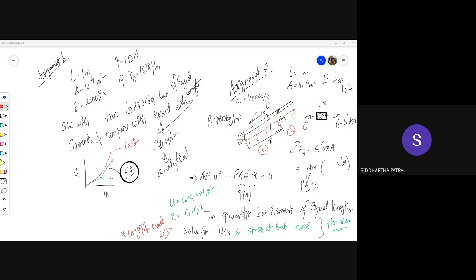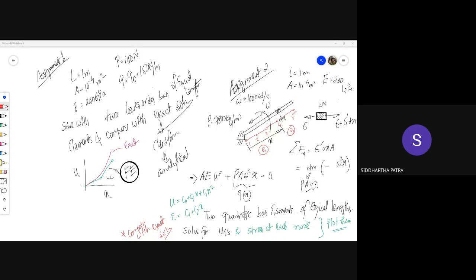One more thing. At the beginning of the class, we said why we do not go for higher and higher order polynomials. Instead, we go for refining the mesh. The reason is, today we talked about getting the element stiffness matrix for two linear elements, then assembling them, then solving them, in a 1 hour class.